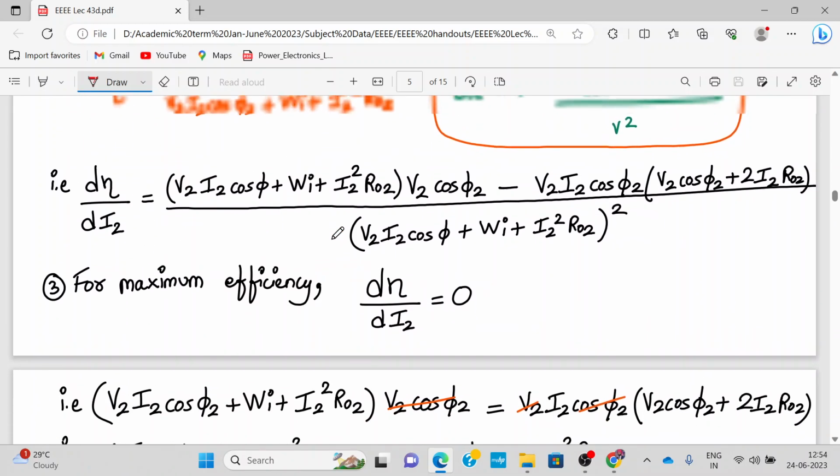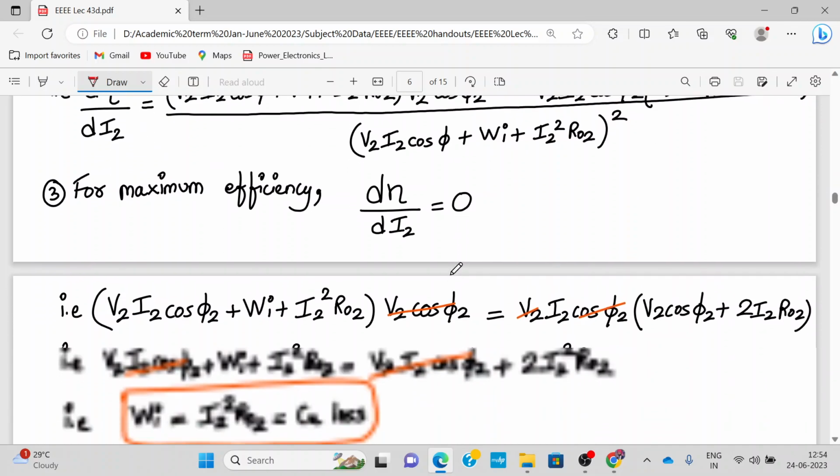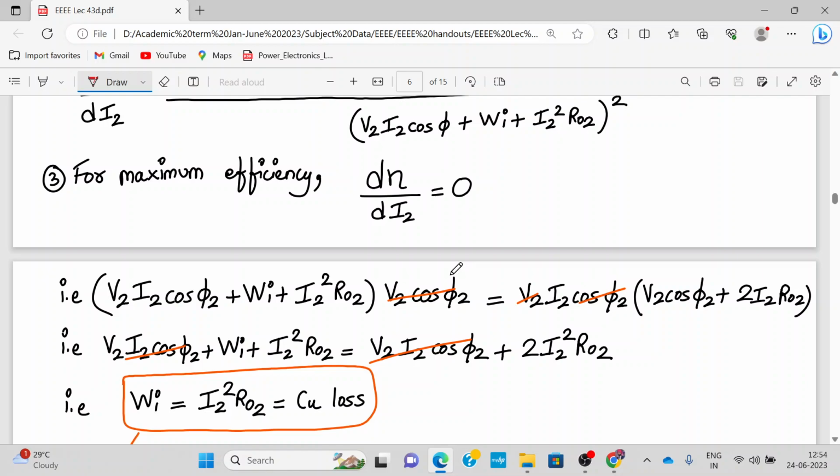For maximum efficiency, we equate the derivative d eta by dI2 to 0. That means the numerator equals 0, and the denominator goes away. So V2 I2 cos phi 2 plus WI plus I2 square RO2, the whole into V2 cos phi 2, is equal to this term.